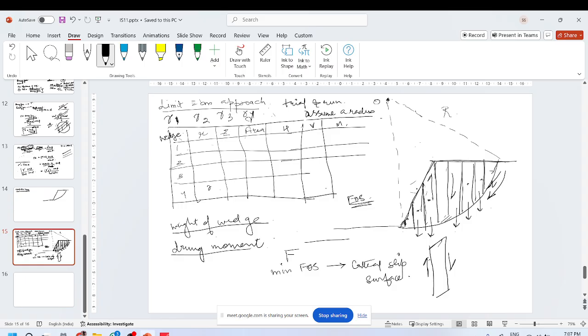Basically, the method is the same. There are two different possibilities, but the main thing is the same. I will take a radius, let it be here.